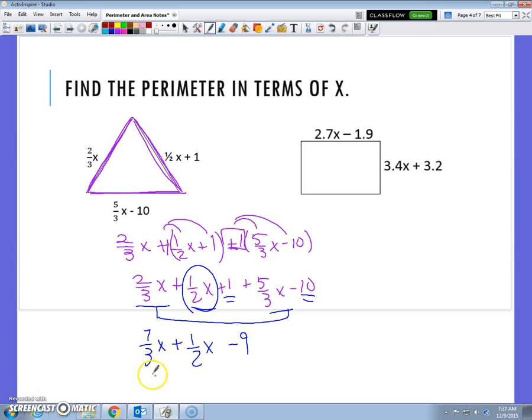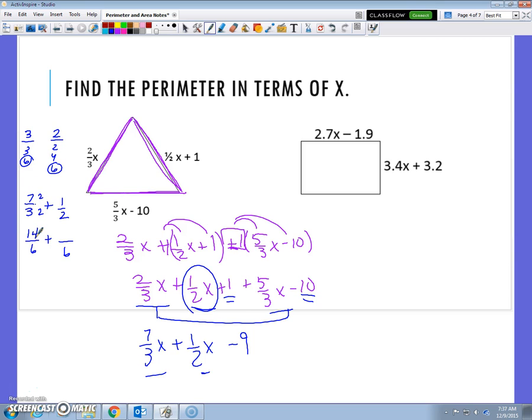Alright, so let's do a little side work here. I have to put these two like terms together. Even though they're fractions, I know we can do it. We need to put 7/3 plus 1/2 together. Well, if I wrote my list of 3 and 2 here, 3, 6, and 2, 4, 6, that 6 should be the common denominator. It is the second factor of 3, so I'm going to multiply the first fraction by 2.